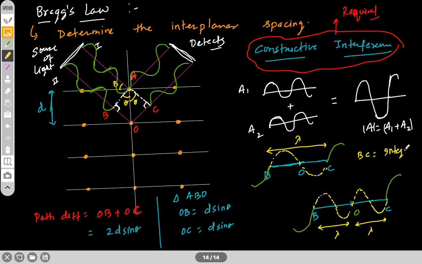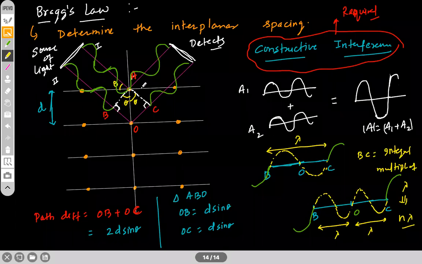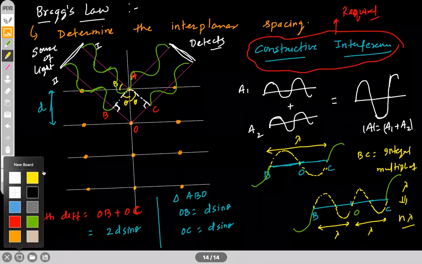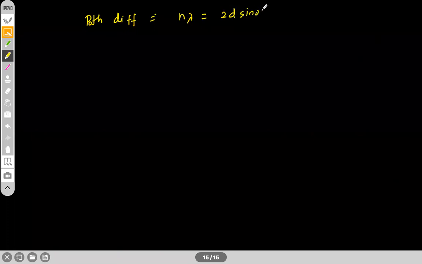Write down the integral multiple of lambda, which is nothing but n times lambda, where n is the order, which can be 1, 2, 3, and so on. Hence Bragg's law, the equation we get, is path difference is n lambda, which is also equal to 2d sine theta.